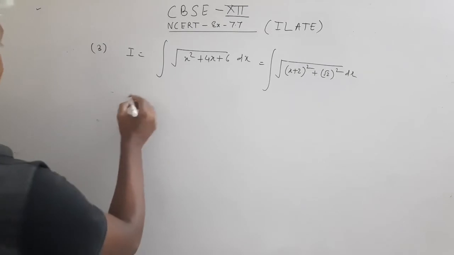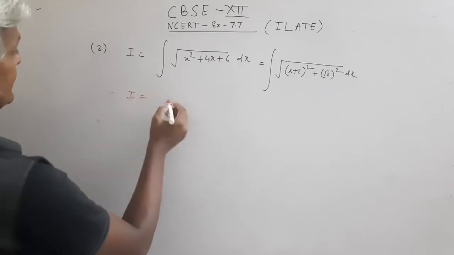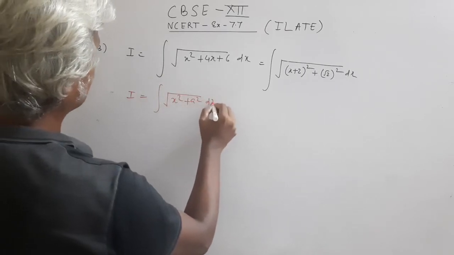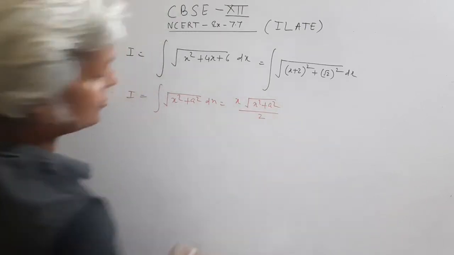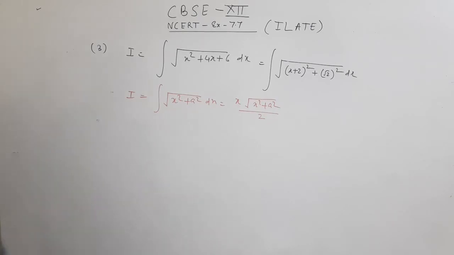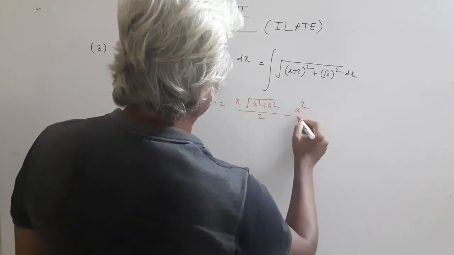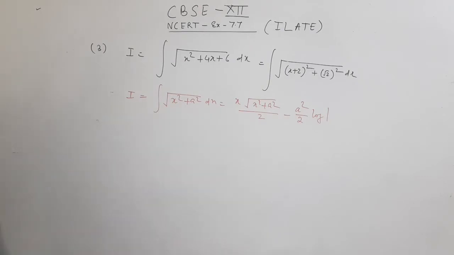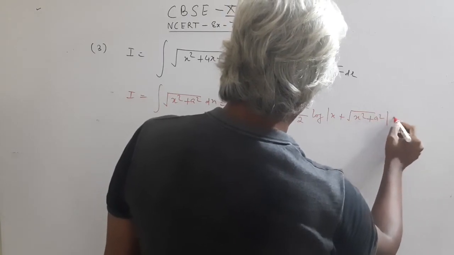So if you use this formula, then you get this already in the form of under root x square plus a square, and the formula says that, let me write the formula in the red color, I is integration of under root x square plus a square dx, that is x under root x square plus a square over 2, and then we have plus a square by 2 log mod x plus under root x square plus a square plus c.